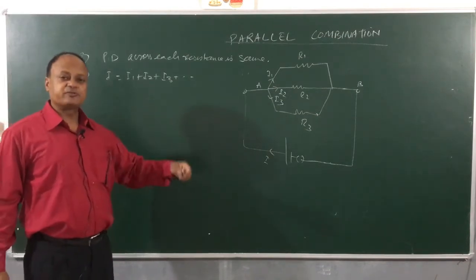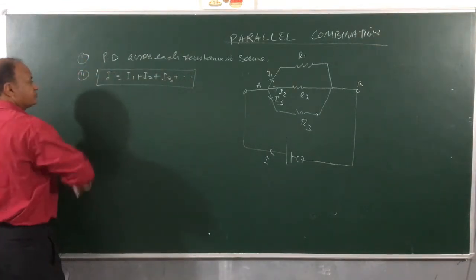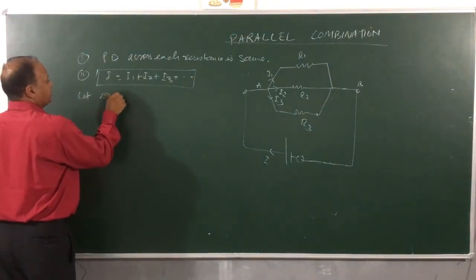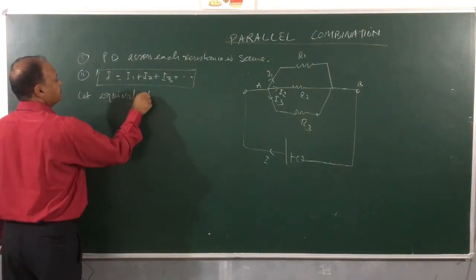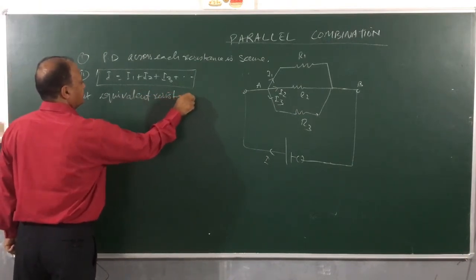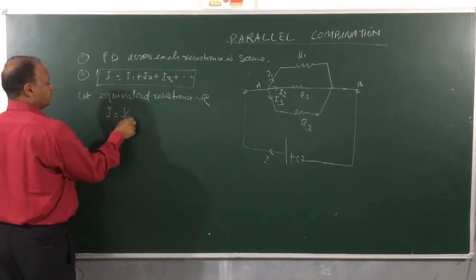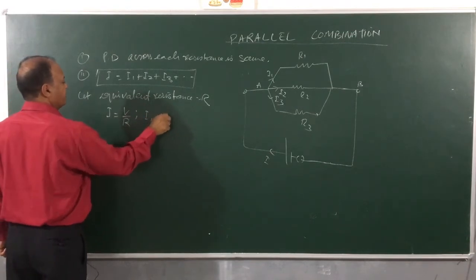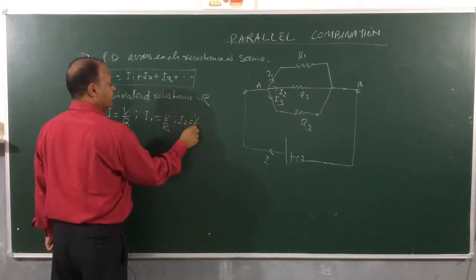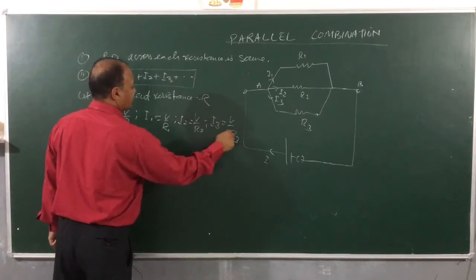Now, we will derive an expression for equivalent resistance, and this is a very important result. Okay. So, I will say let equivalent resistance equal R. Then I is equal to V by R, I1 is equal to V by R1, I2 equals V by R2 and I3 is equal to V by R3.